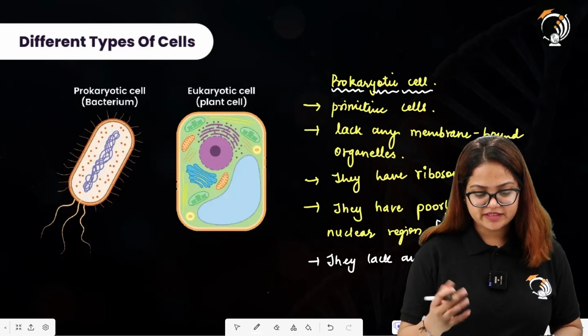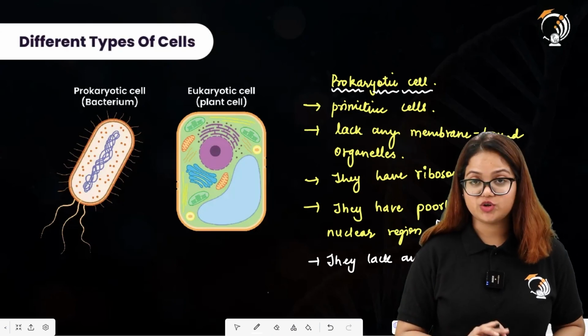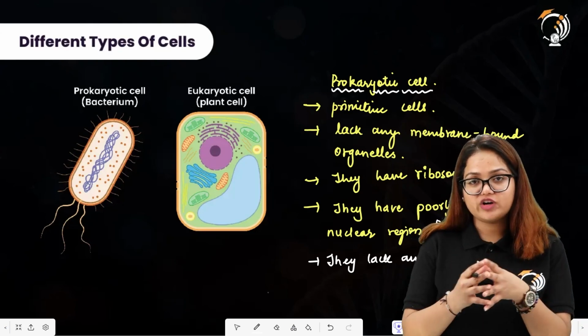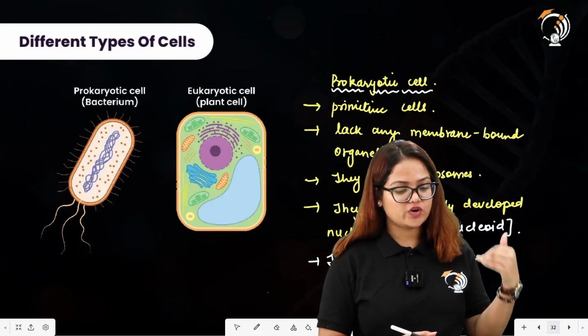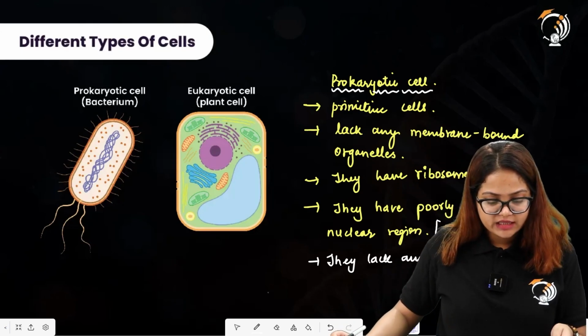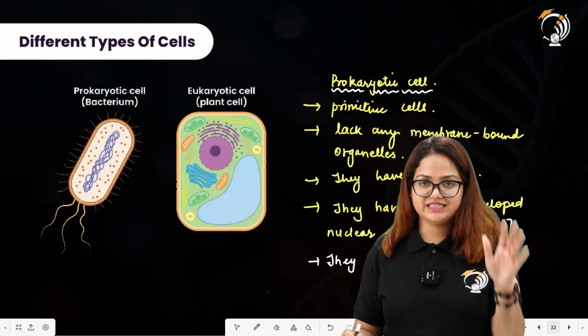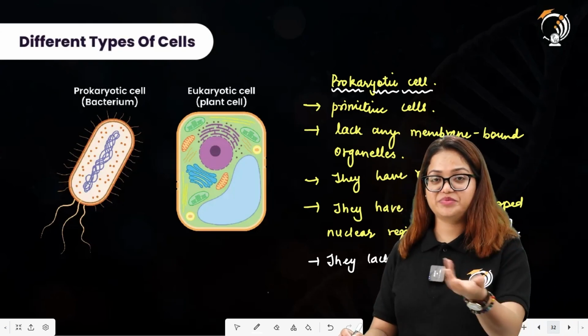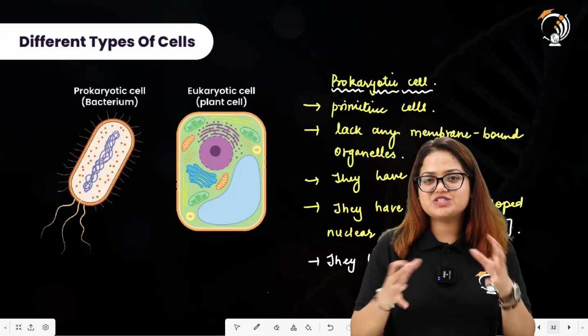Let us compare the prokaryotic cell and eukaryotic cell here. The example for the prokaryotic cell is a bacterium, and for the eukaryotic cell we have plant cells. The prokaryotic cell does have a cell wall as present in the plant cell, but the composition is quite different.